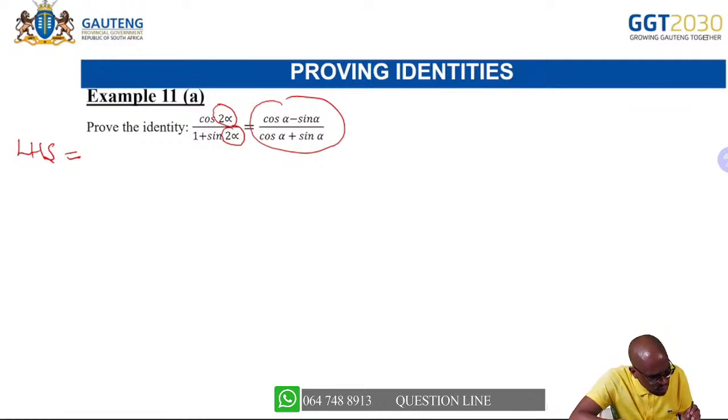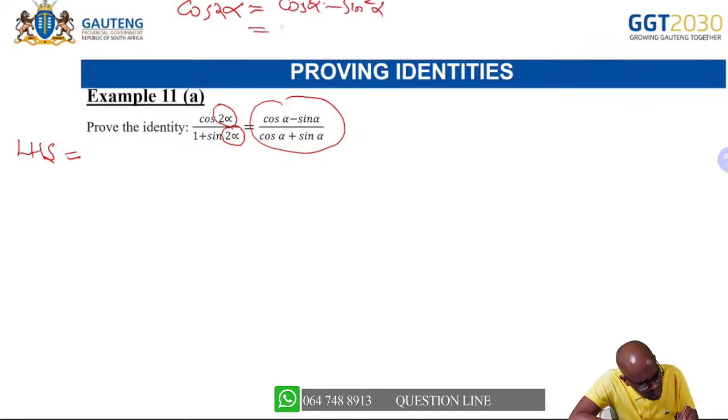So now, if you look at the numerator, it's cos 2 alpha. And cos 2 alpha has 3 formulas. It has cos squared alpha minus sine squared alpha. It has 1 minus 2 sine squared alpha. It has 2 cos squared alpha minus 1. These are 3 formulas.